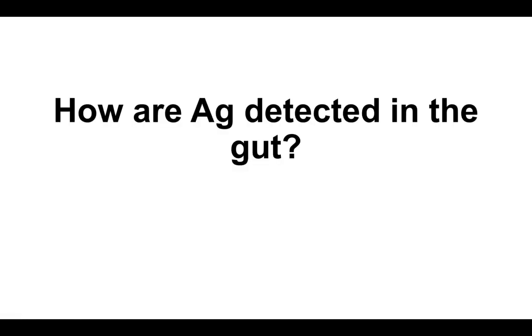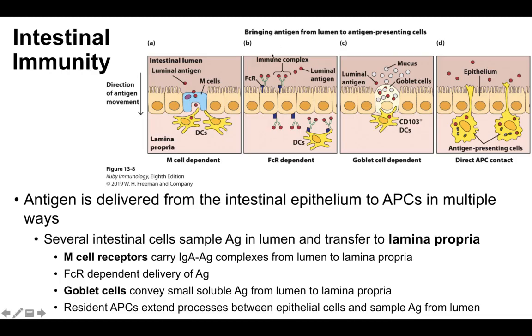How are antigens detected in the gut? They're detected when they're delivered into the lamina propria, and they can be delivered through M cells, transporting them from the lumen to the lamina propria.